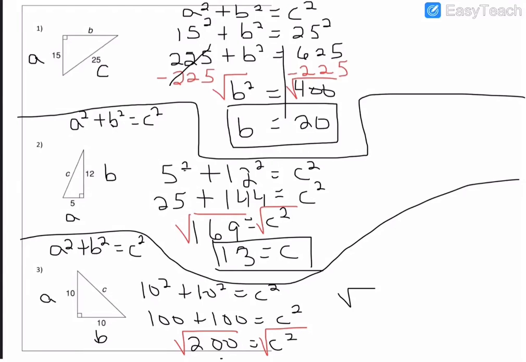We would leave the answer as the square root of 200 equals C. It's not a perfect square. And if they want the exact answer, that is the exact answer. When you put the square root of 200 in your calculator, you are going to get a never-ending number. So if it's not a perfect square, leave the radical sign on it, and that would be your answer.